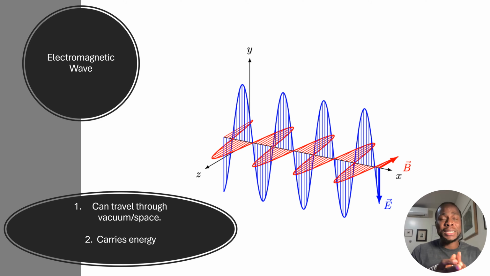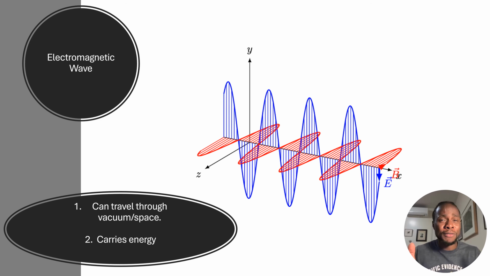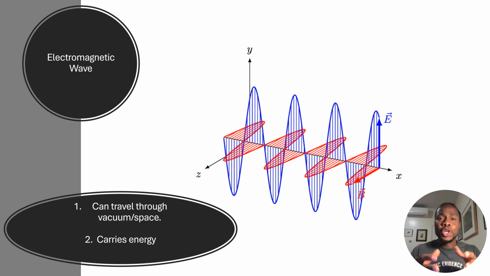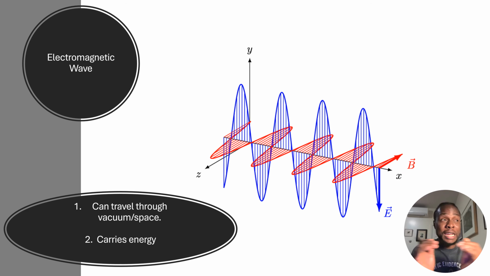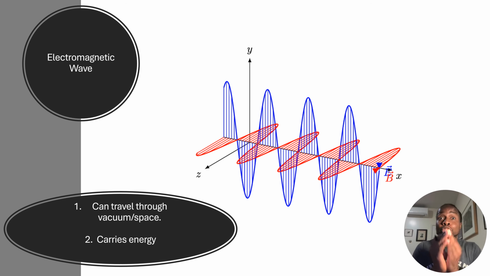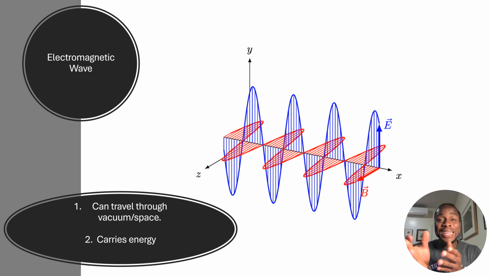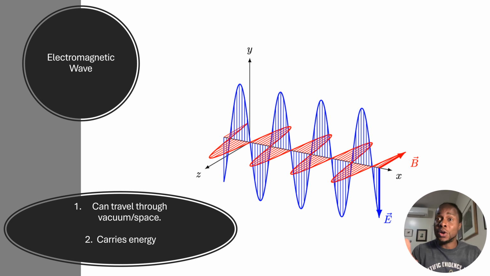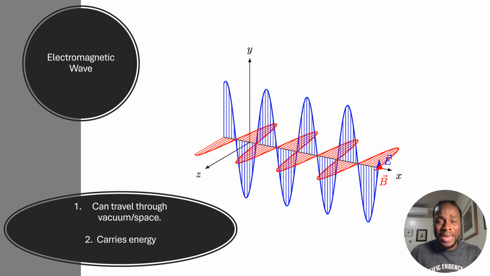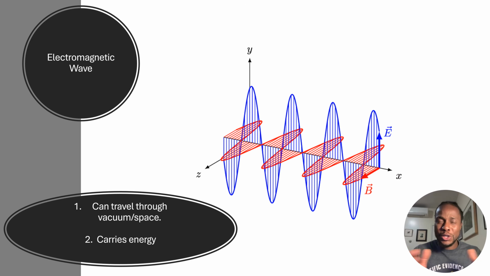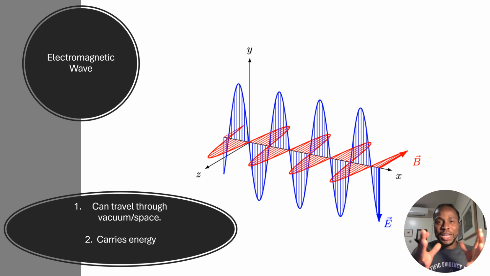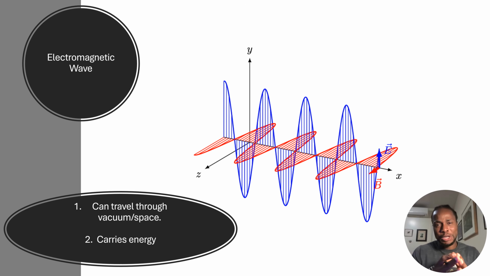However, electromagnetic waves do not require any of that because they have their own energy. So they can travel through vacuum, they can travel through emptiness, they can travel through space. So the heat and the light coming from the sun is not coming to us through any medium. All right, so it's an energetic wave by itself.